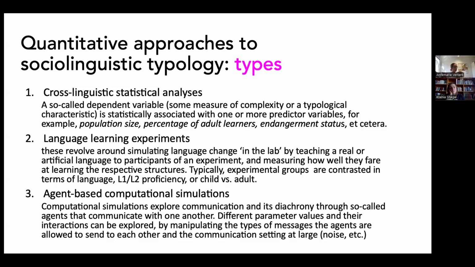You can introduce a choice of less complex versus more complex rules and see what happens to those over time as well. So I'm going to give you guys one example of each, and then we're going to have more insight into the cross-linguistic statistical analysis by looking at the Bantu paper.